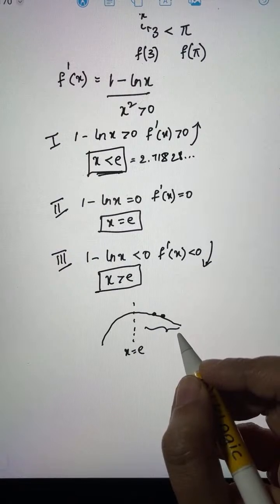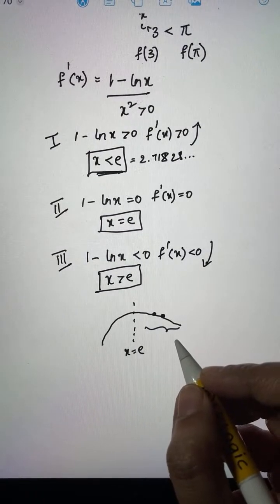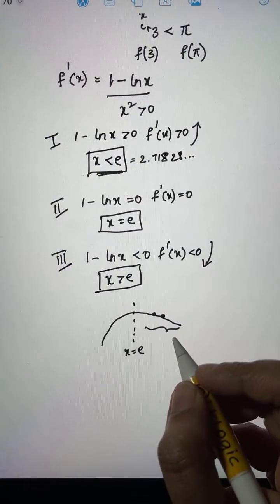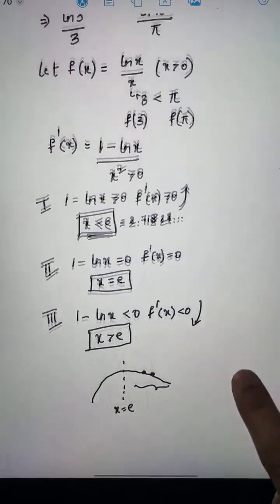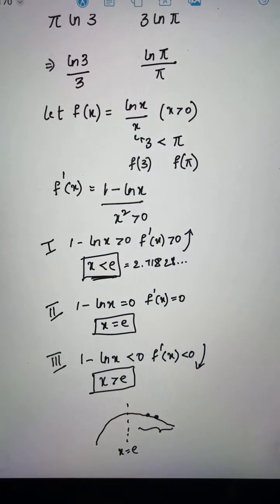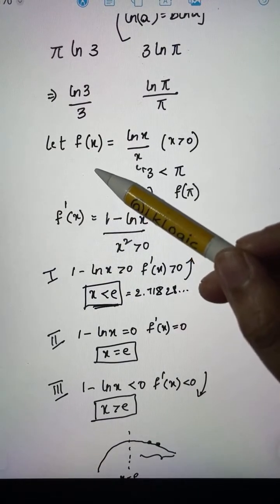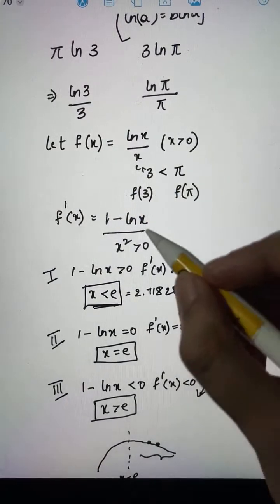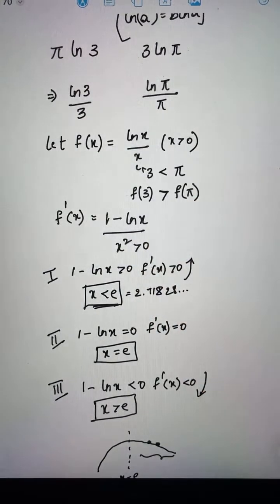So 3 is less than pi, but both are greater than e, so they are in a decreasing interval. So f of 3 is greater than f of pi.